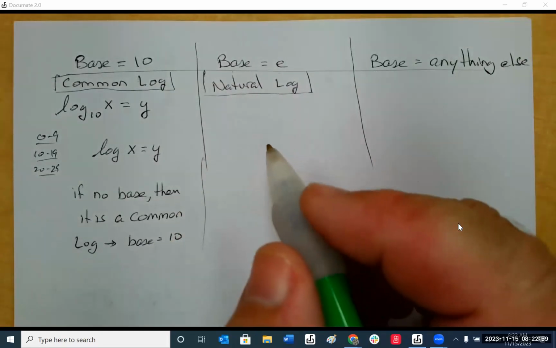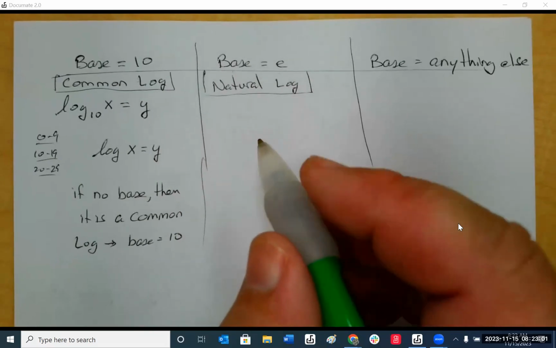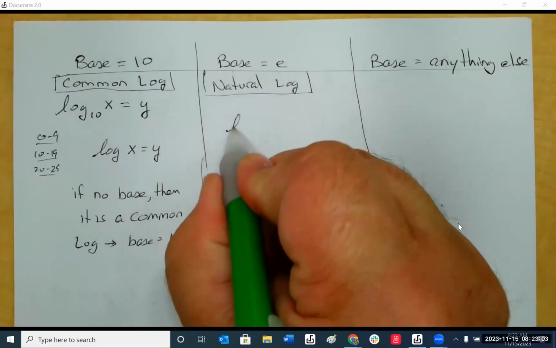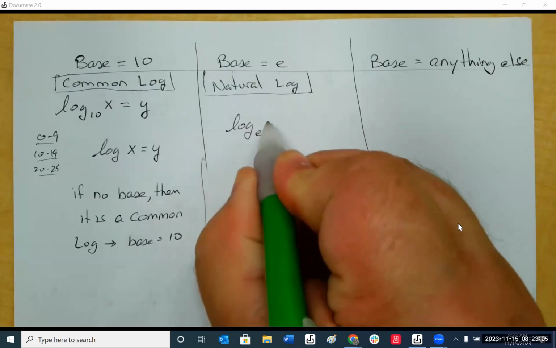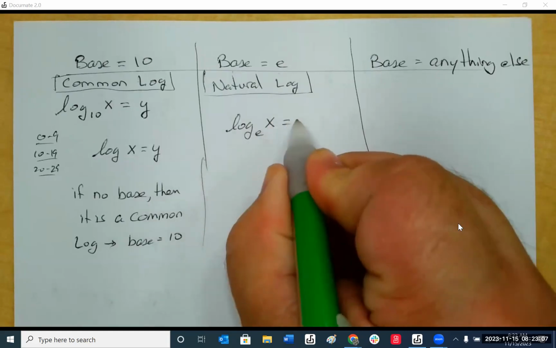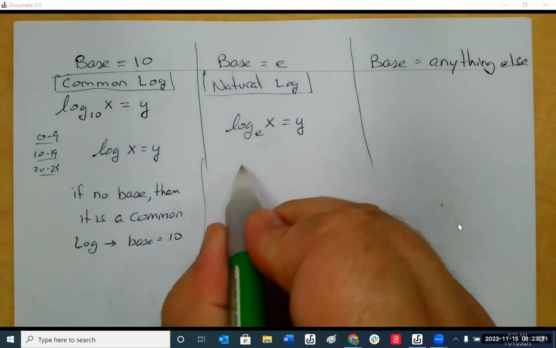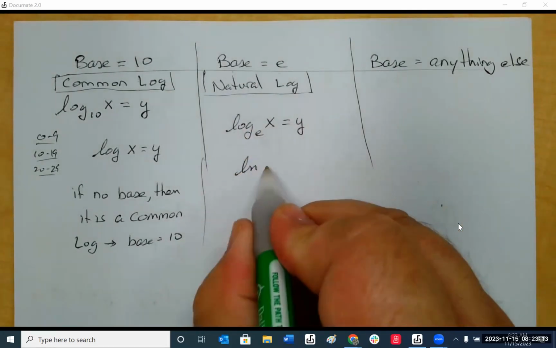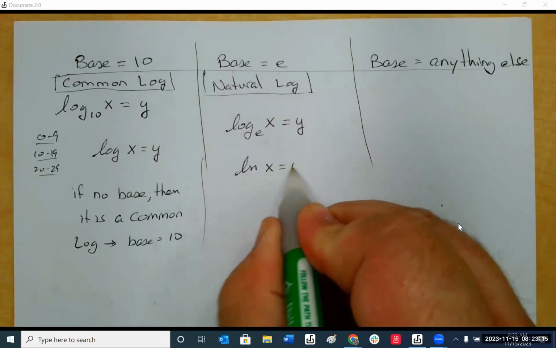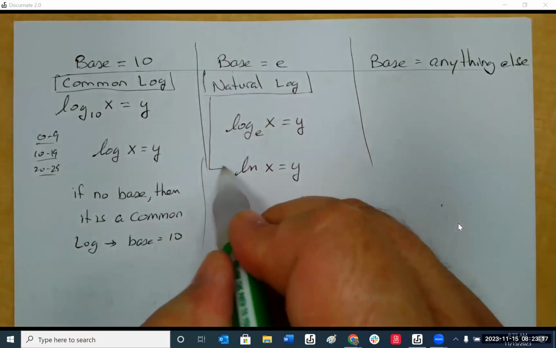It helps us explain actions and reactions. So if you have log base e of x, we simply write ln, the natural log, ln.